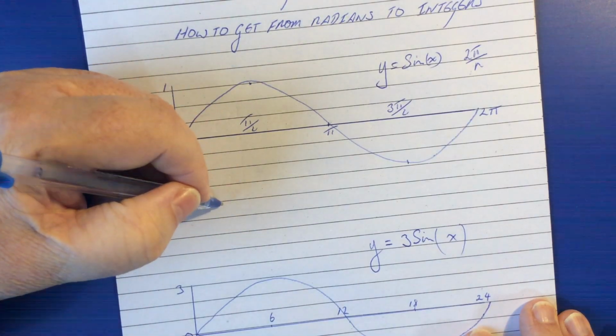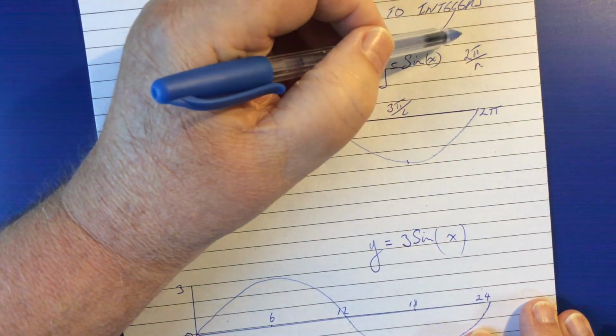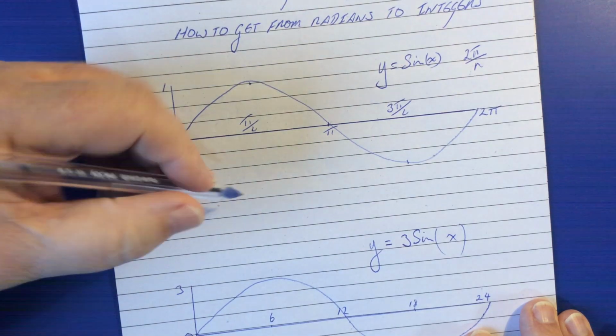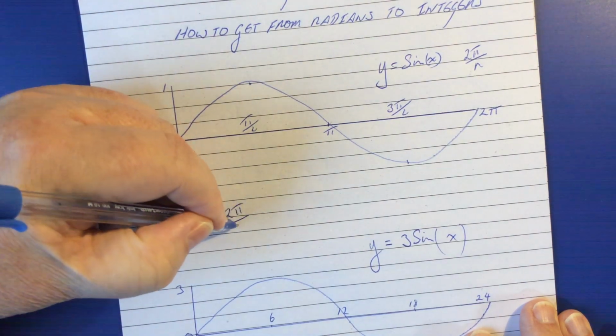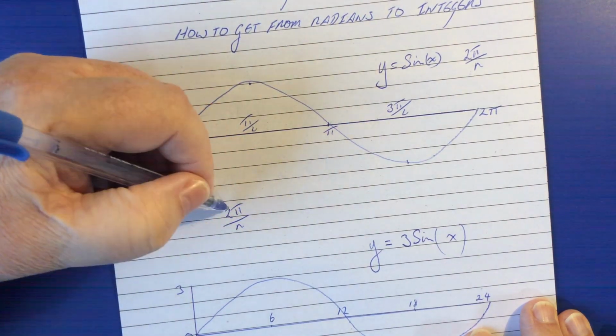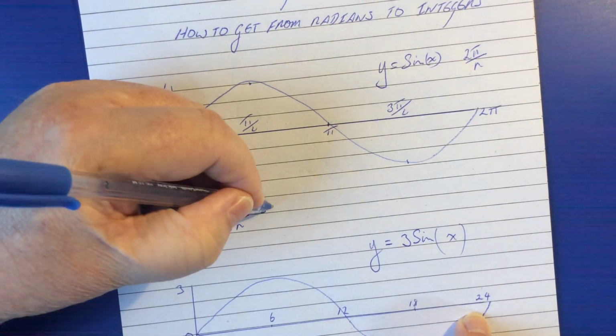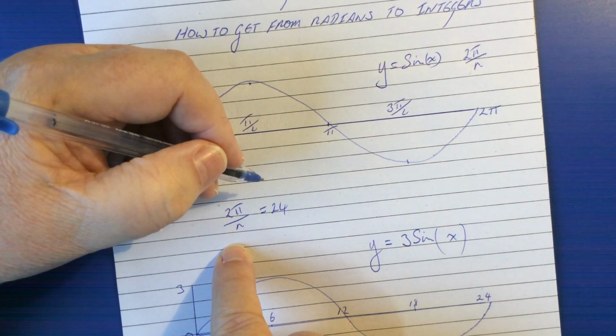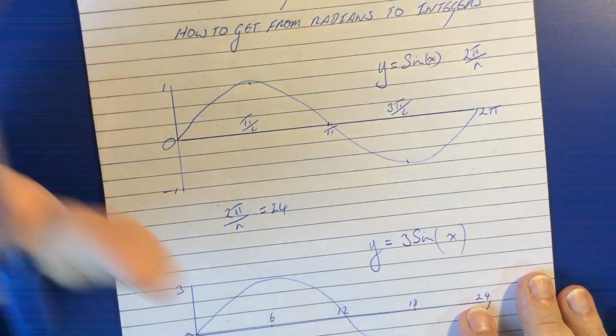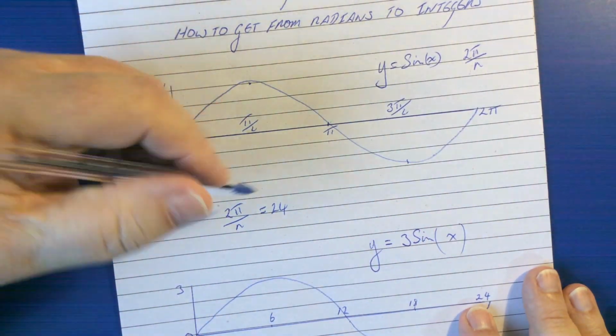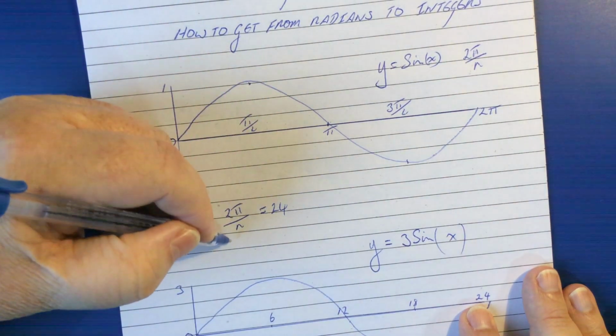So essentially what we need to do is take our formula here, 2 pi on n, and this is the formula for the period. Now the period of this thing is 24, so what we're going to do is solve for n for 24. Nothing more than that, and I've probably got enough room here to do it.